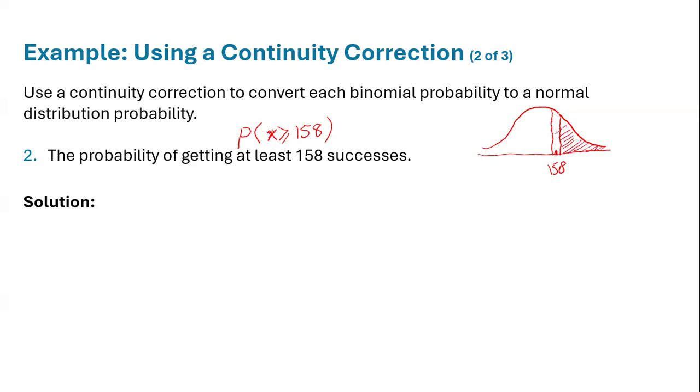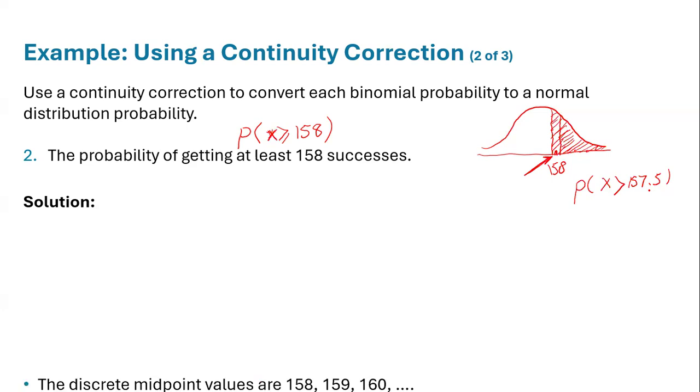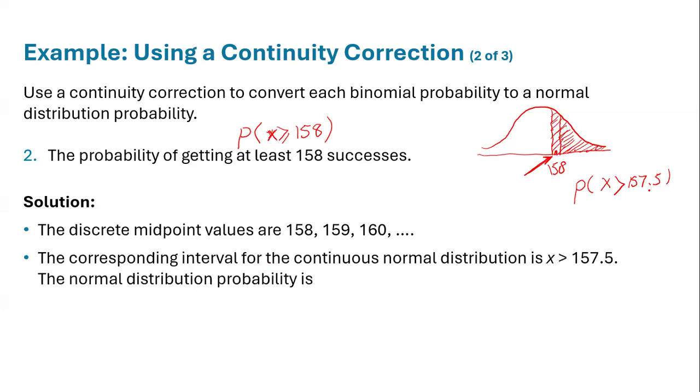Equal sign means include the bar as well, which means you want to start from this point, and you want to find the probability when x is greater than this point, which is 157.5 because it's 0.5 before 158. Now you have an interval, you can convert it to z and find the area from the z table.